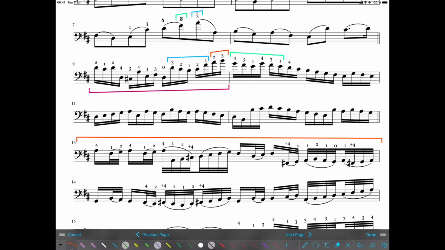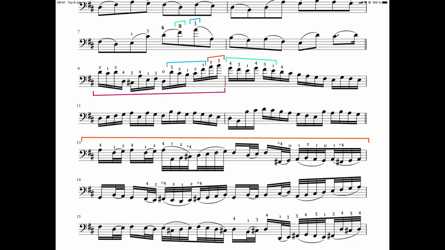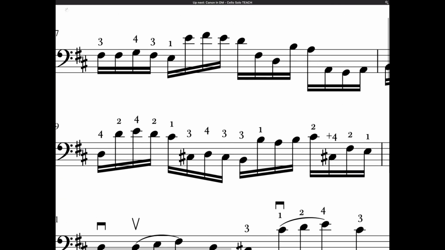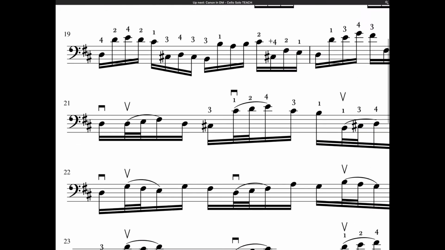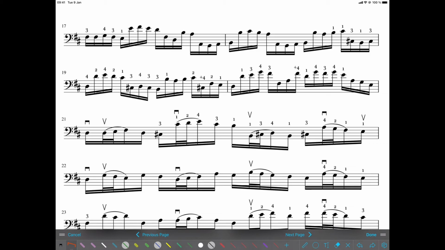Okay, and then let's see if that's constant. We're going to go to the next page. And now you see the measures have gotten smaller. Here in measure 21, why did I opt to go such a long measure? Look how long this measure is.